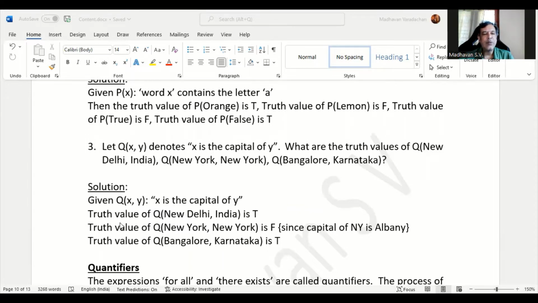Therefore the truth value of q of New Delhi comma India is true because New Delhi is the capital of India. Similarly, truth value of q of New York comma New York is false since the capital of New York is Albany. Truth value of q of Bangalore comma Karnataka is true because the capital of Karnataka is Bangalore.